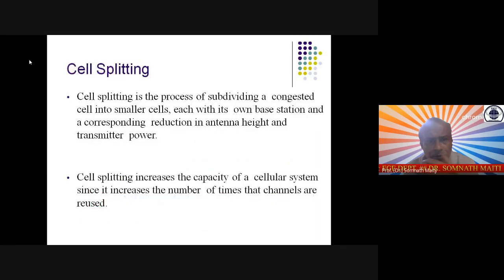What is cell splitting? Cell splitting is the process of subdividing a congested cell into smaller cells, each with its own base station and a corresponding reduction in antenna height and transmitting power. These two factors are very important, height and power. Now you will ask why height is important? Because at this frequency the communication is line of sight.